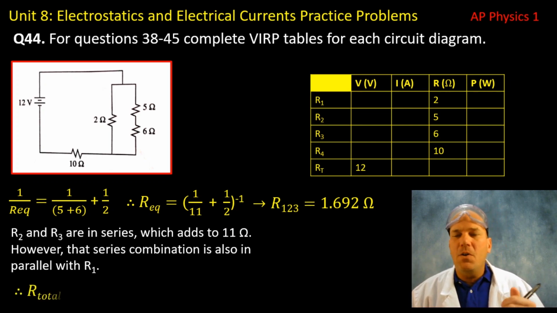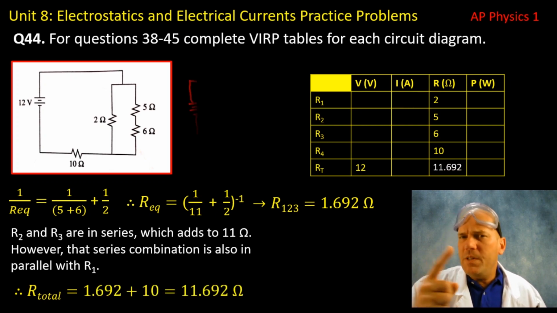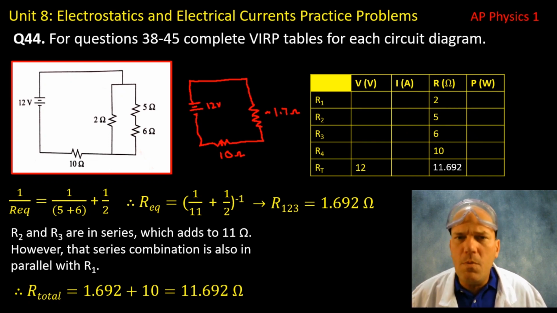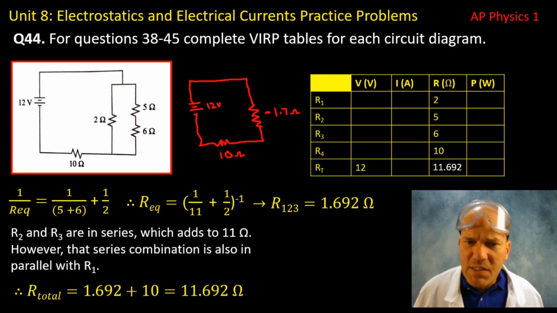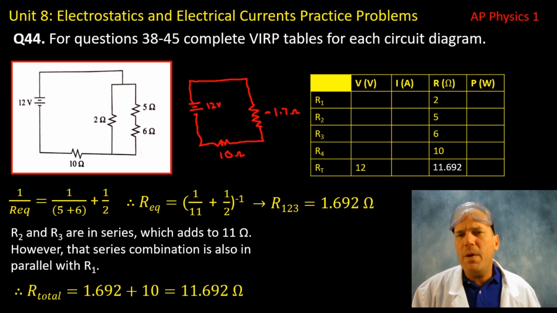Okay, so we have our resistance. However, we have one more resistor, and that would be the 10 ohm resistor. So what we're going to do is add 1.692 to 10 to get a total equivalent resistance for the entire circuit of 11.692, around 11.7.